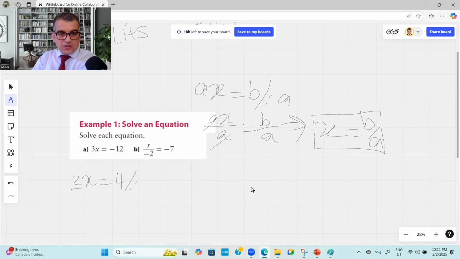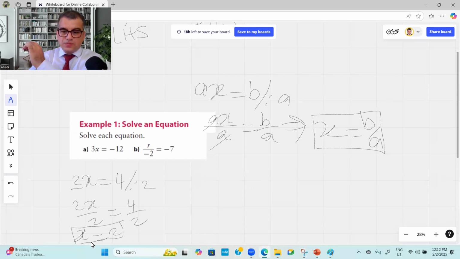You know a is equal to 2, so we write both sides divided by 2. 2x by 2 is equal to 4 by 2. So from here we can write x is equal to 2, right? This is the solution of this equation.